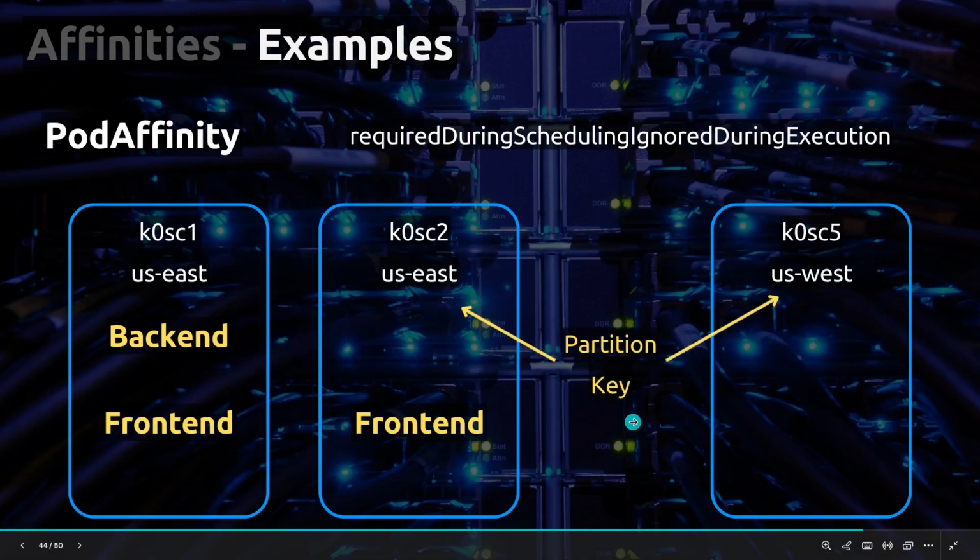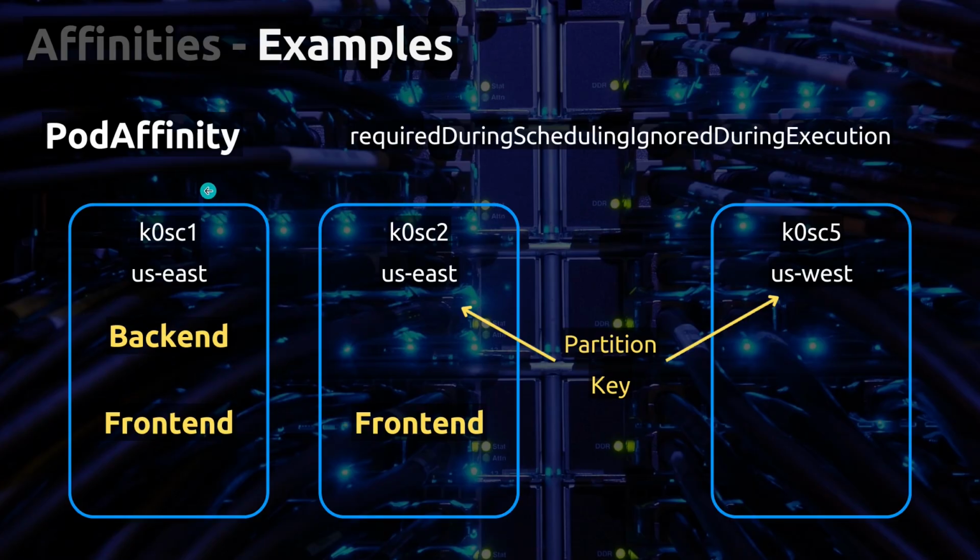If we want to understand this with a schema, it's like here. We have the topology based on the host name here, key 0s1, 2, or 5, and so on.